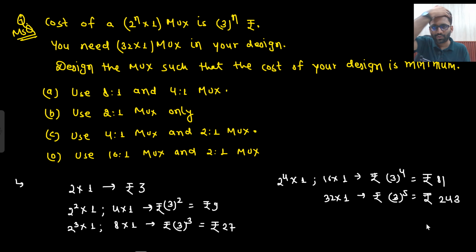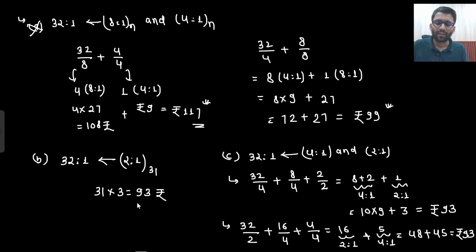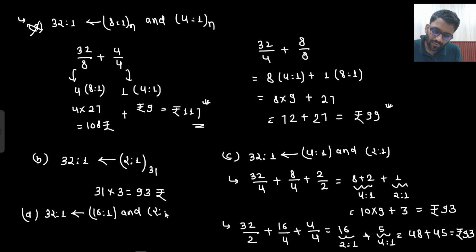16:1 and 2:1. So option D, 32 from 16:1 and 2:1. So 32 by 16, what will you get? 2, and 2 is divisible by 2.